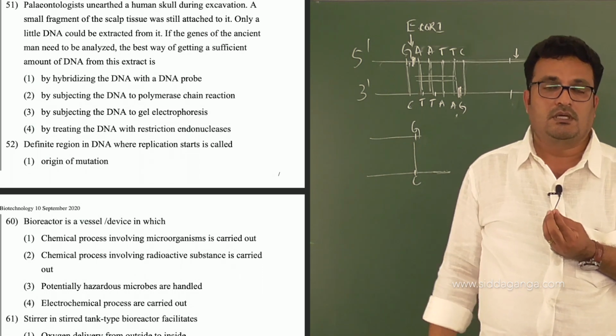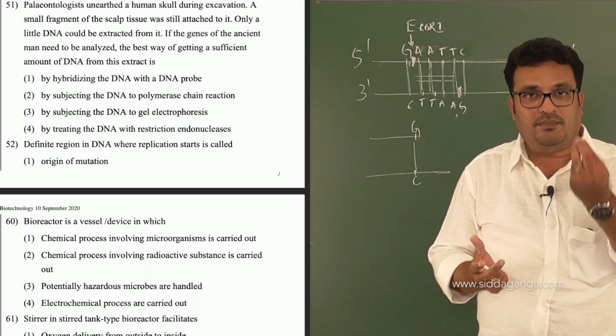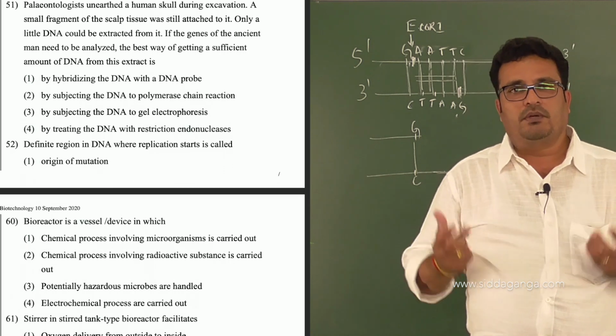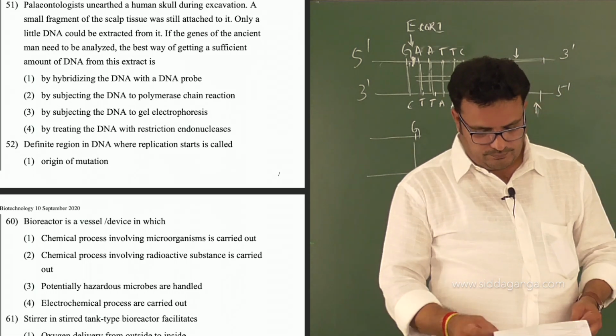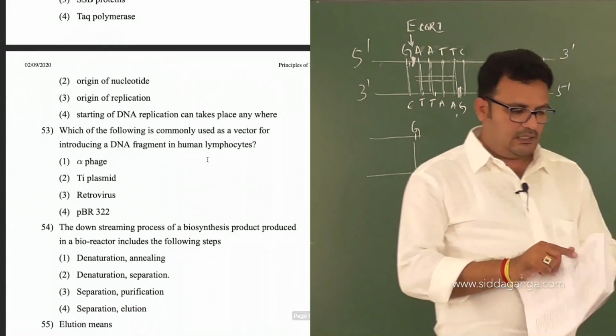In large numbers. So that is what we call PCR. PCR is needed to obtain the large amount of DNA fragments. So next question. Option 2 is the right answer.